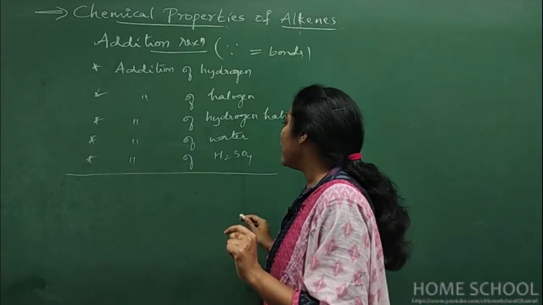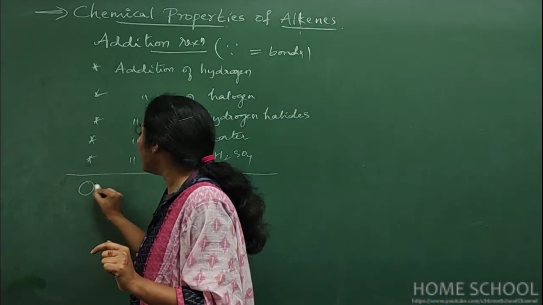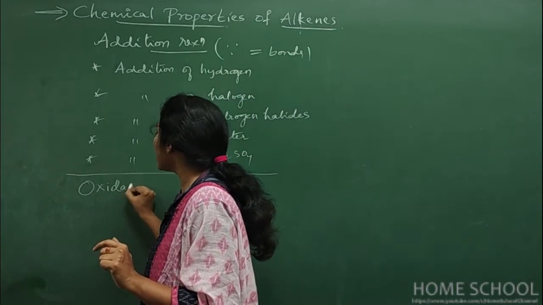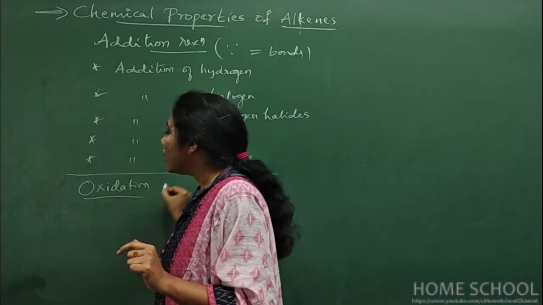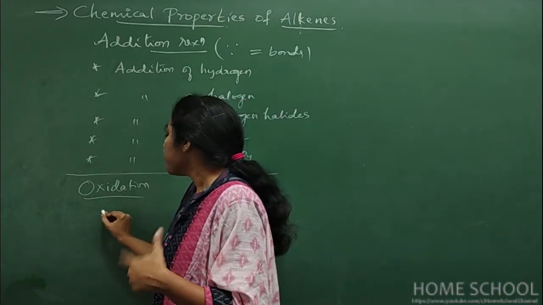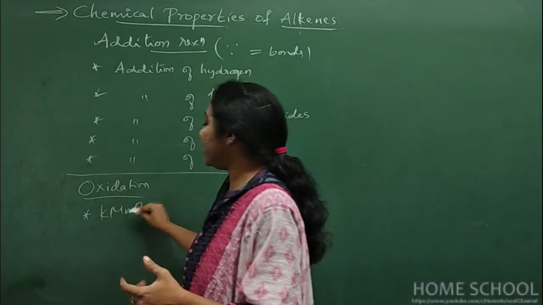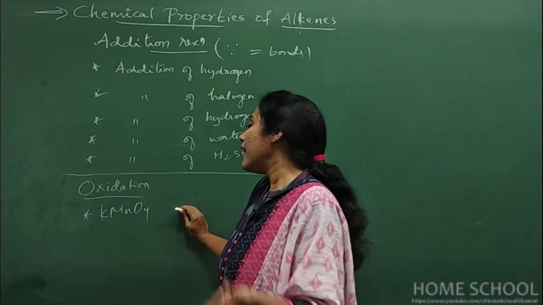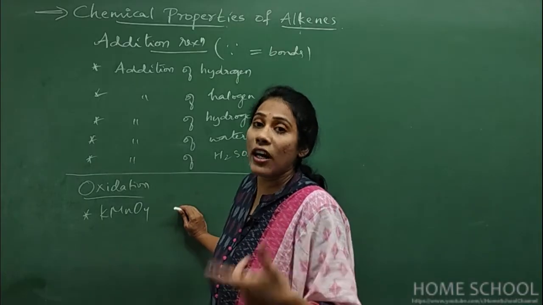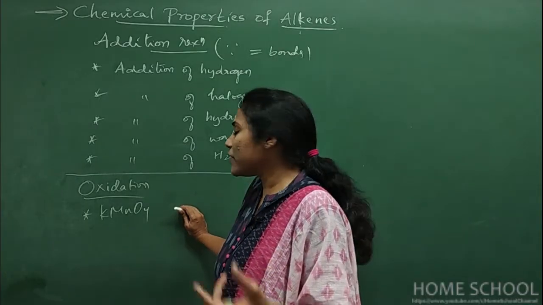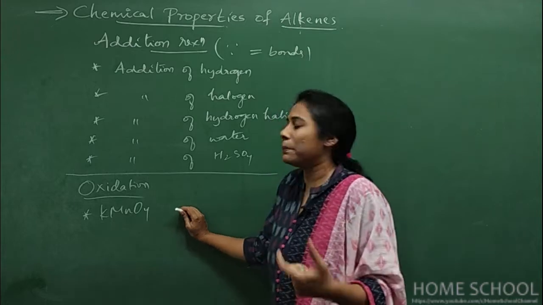Clear? And later, another common reaction of alkene is the oxidation reaction. Okay, so here you will study reaction with KMnO4, cold and dilute KMnO4 reaction, and reaction of alkene with hot and concentrated KMnO4. Okay, so both reactions are really very important.